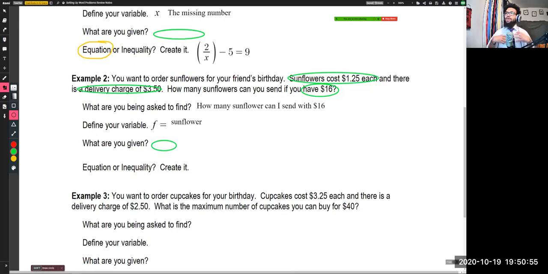It's saying if we have exactly $16, how many sunflowers can be sent? So if you wanted to make this an inequality, I could see where that train of thought is coming from. But for this one, it is going to be an equation. If you wanted to make an inequality, I do understand your train of thought, but this one is going to be an equation.